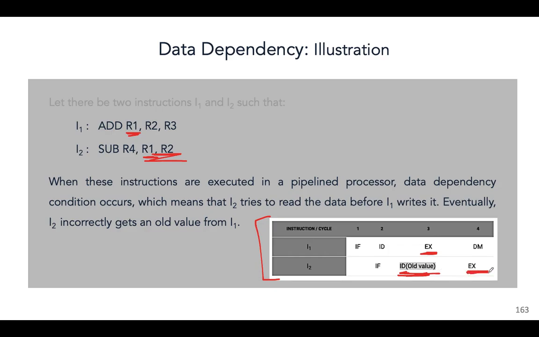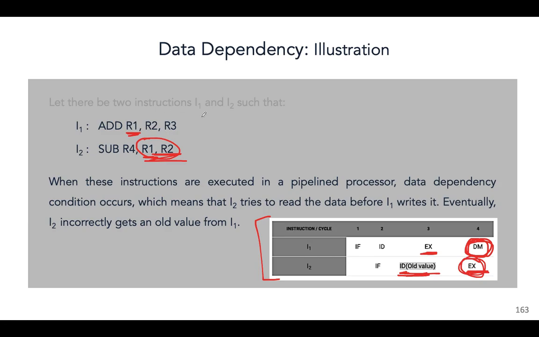It executes this operation with whatever old value of R1 it could find, from some previous time, any garbage value. It starts the subtraction process, because the actual R1 will be available only after cycle 4. But during cycle 4, I2 is already executing. So this is the problem caused by data dependency, and this is a major problem.